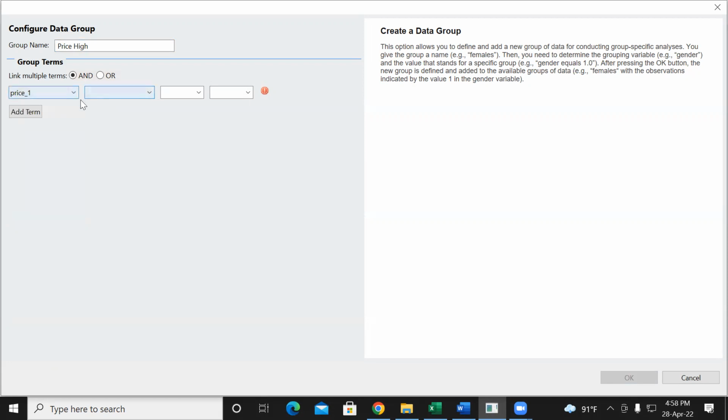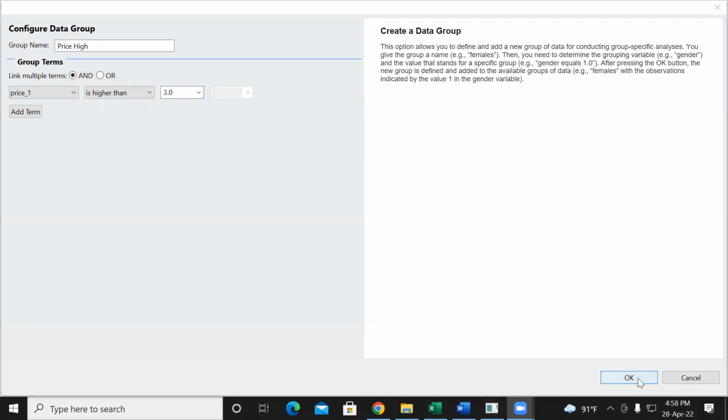Now price is having, you can see the values, right? I might say like here, high price, higher than, it's from 1 to 5, we will assume we have given in the questionnaire, like at scale or something. Higher than 3. Price high.